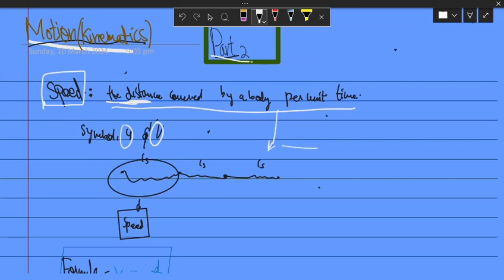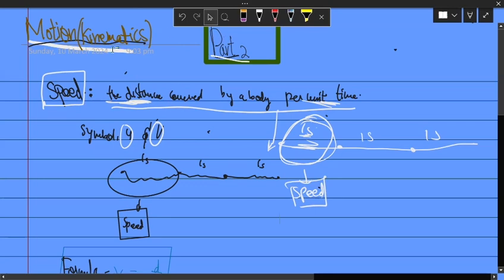For example, a body covers this much distance in 1 second, this also in 1 second, this also in 1 second. So this distance covered in a unit time will be known as speed.